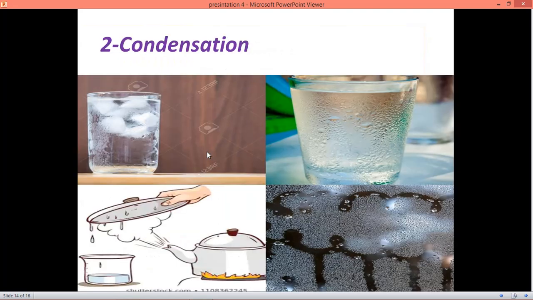Students, look at this picture. Right here we have a kettle and water vapor. Then you can put a plate or any other hard object facing the water vapor.